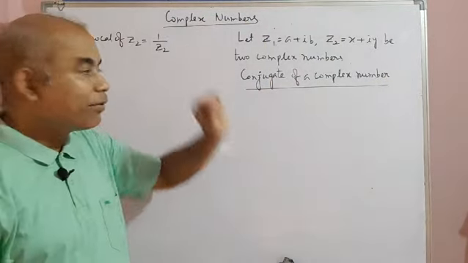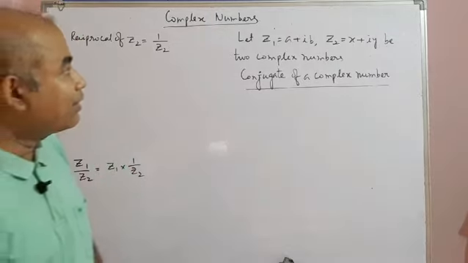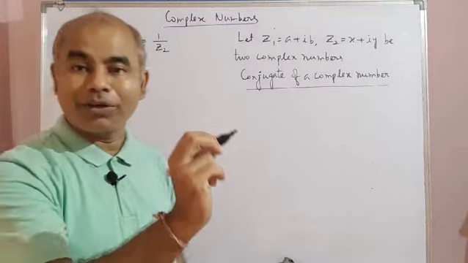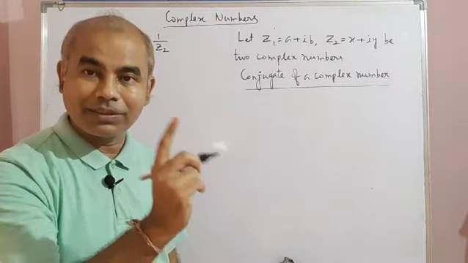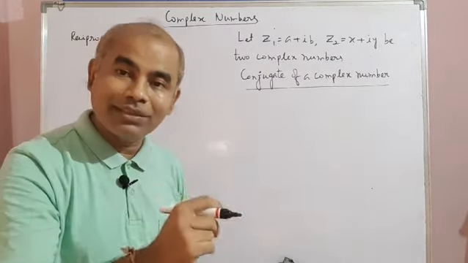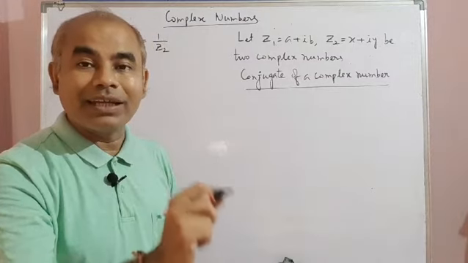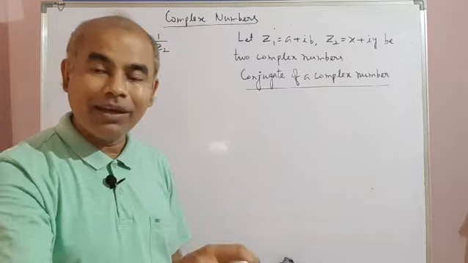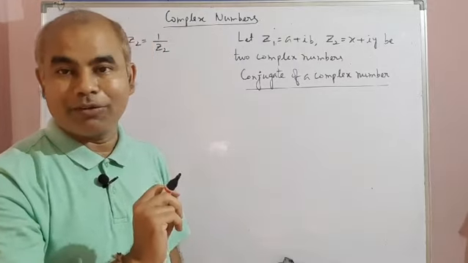Conjugate of a complex number means, when you change the sign of the imaginary part of a complex number, plus or minus sign, the new complex number obtained is called the conjugate of the complex number.